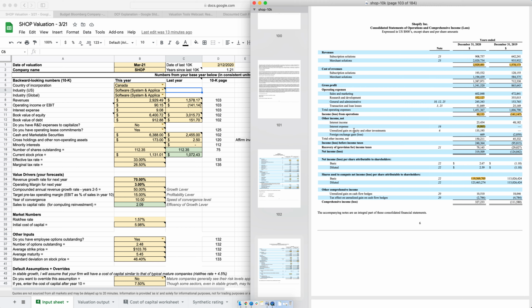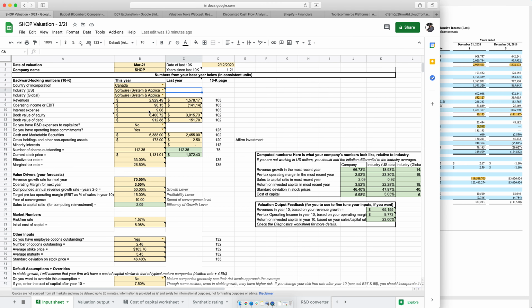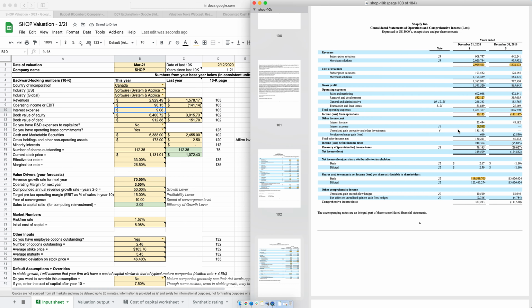And then next we have interest expense. It looks like last year they didn't have any interest expense, so I left it blank. And then it looks like this should be negative. Oops, I made a mistake already. Okay, so interest expense last year was, actually, no, I think that's proper, because I assume interest expense should be positive.